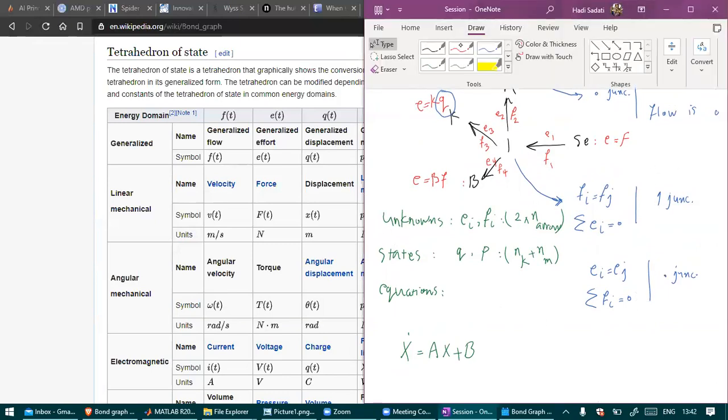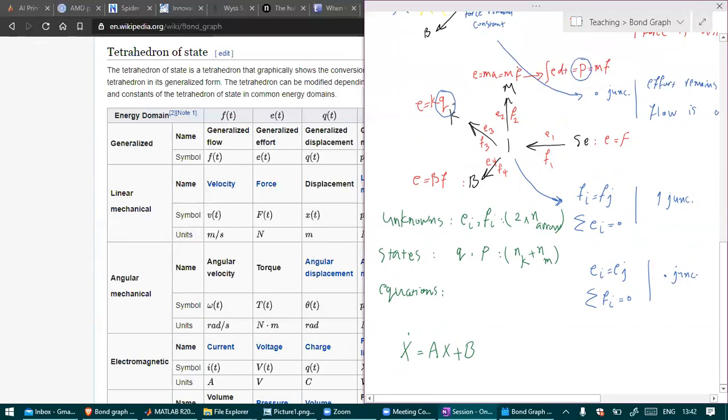I can probably expand this one to see it better.